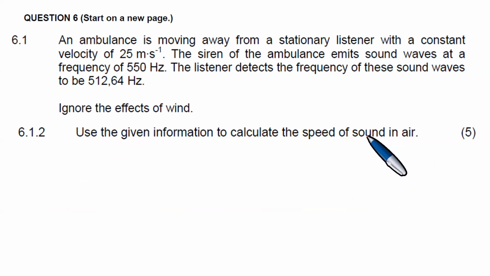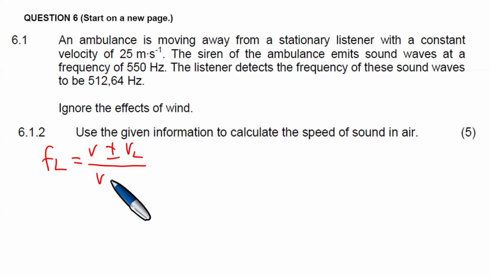We recognize that the formula we are going to use is that the frequency of the listener equals the velocity, plus or minus the velocity of the listener, divided by the velocity plus or minus the velocity of the source, times the frequency of the source.